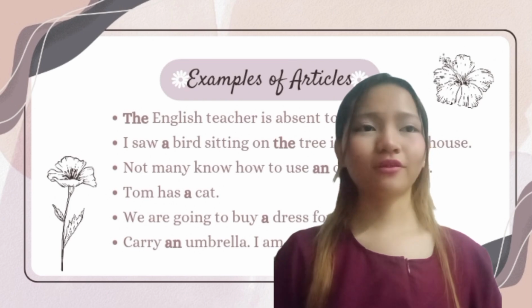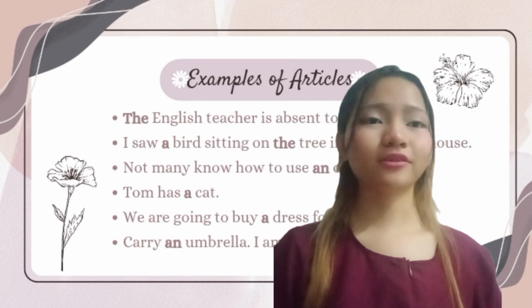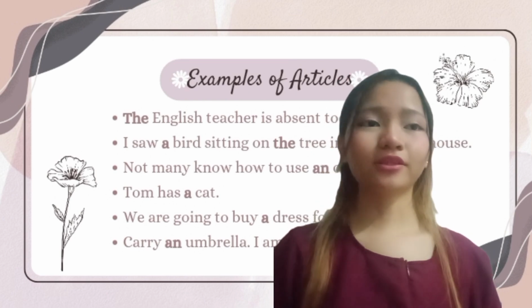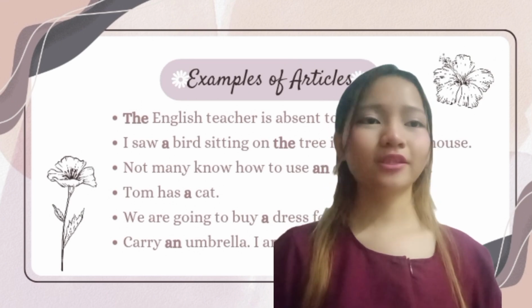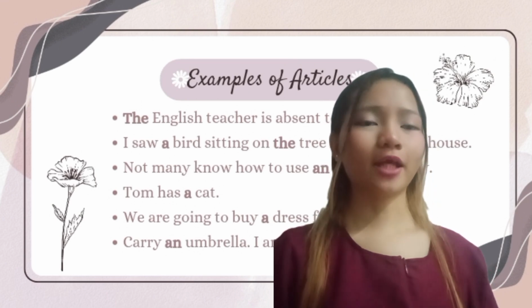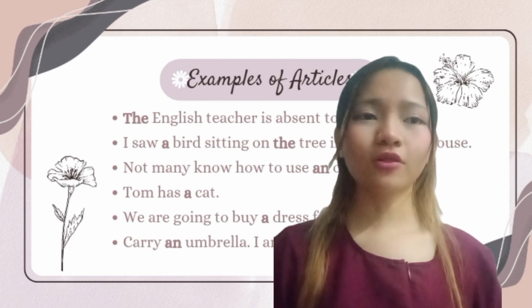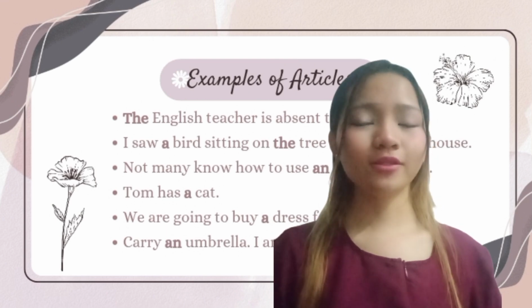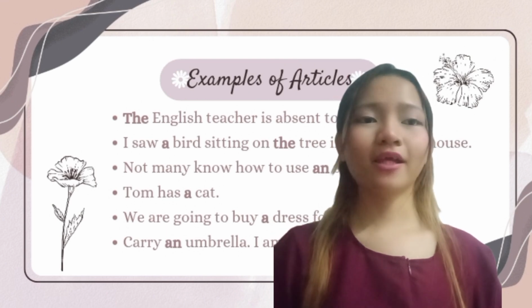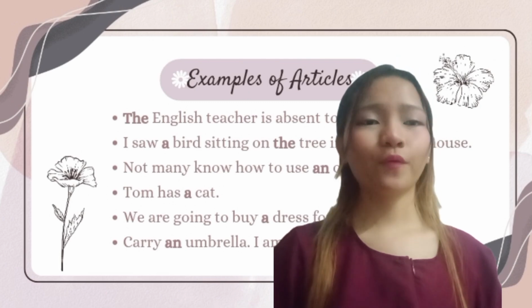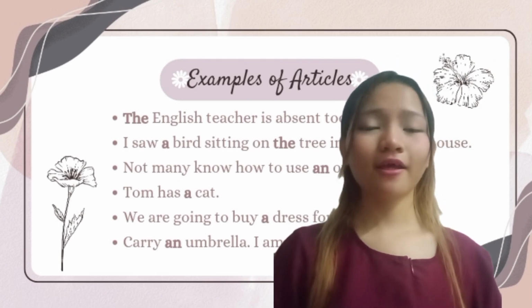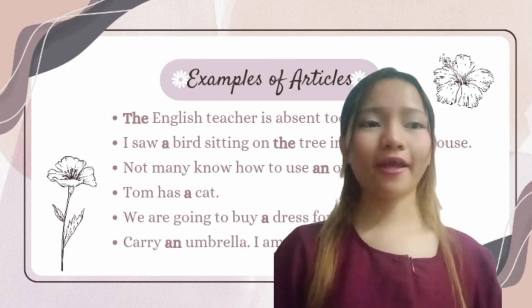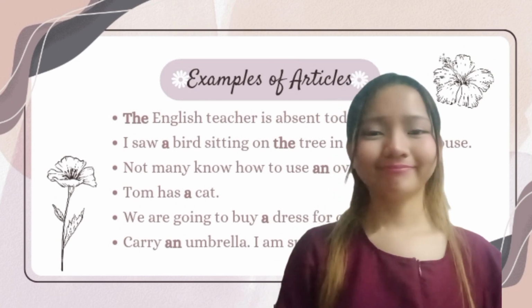Lastly, more examples of articles: the English teacher is absent today. I saw a bird sitting on the tree in front of my house. Not many know how to use an oven properly. Tom has a cat. We are going to buy a dress for our daughter. Carry an umbrella. I am sure it will rain.